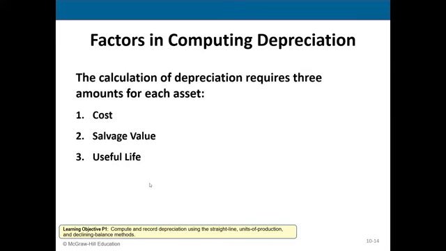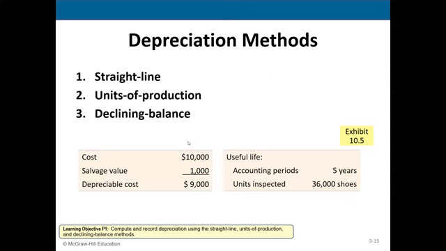Okay, useful life. How long is it going to be in service for? There are the three methods of depreciation: straight line, units of production, and double declining balance. So I'm going to walk through examples of each. And the way we're going to do that is through a general example. Okay.